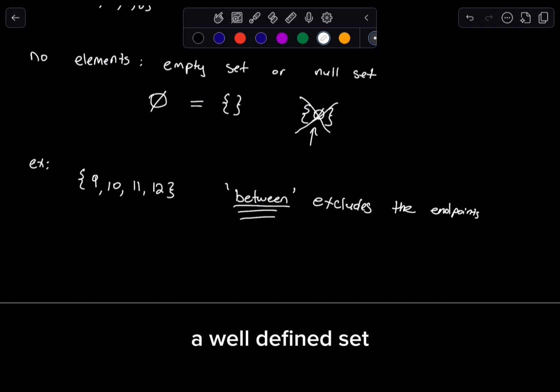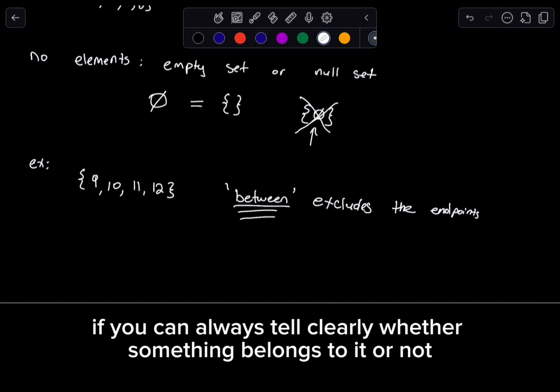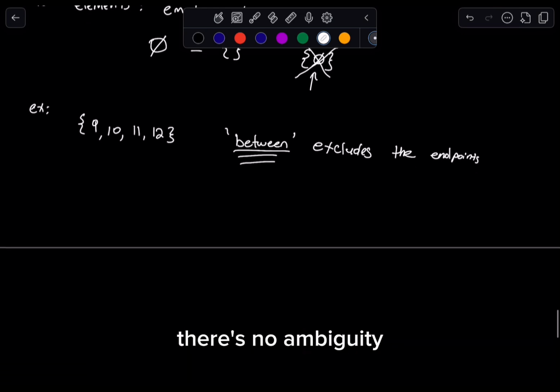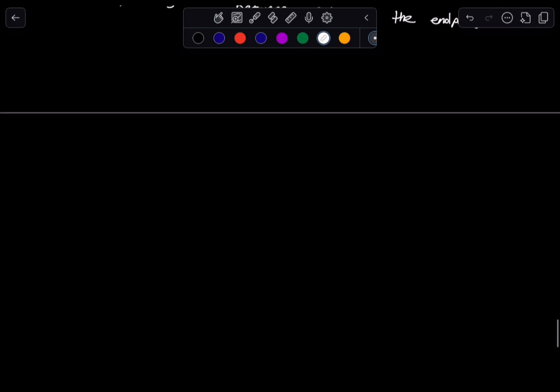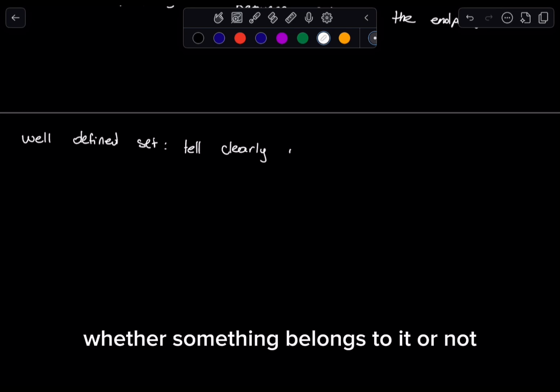A well-defined set is one where you can always tell clearly whether something belongs to it or not. There's no ambiguity.